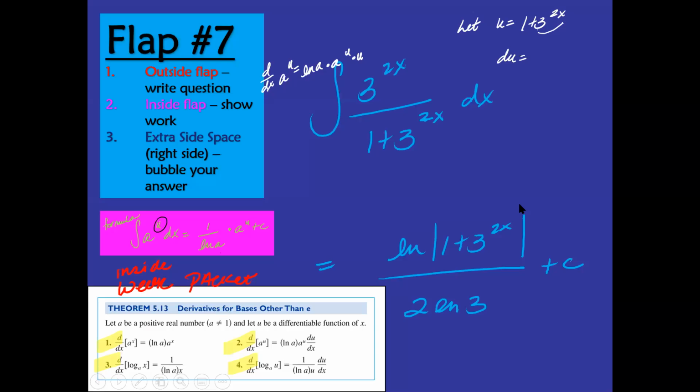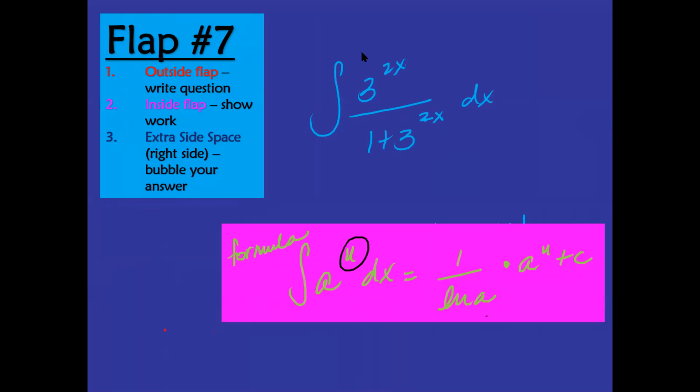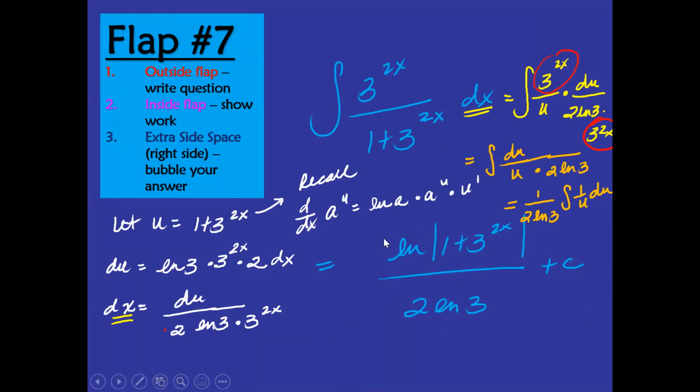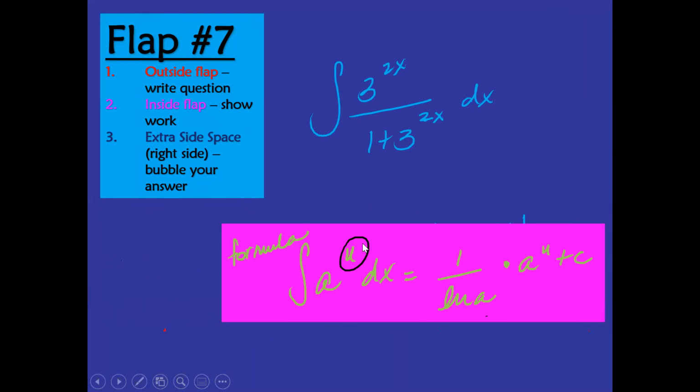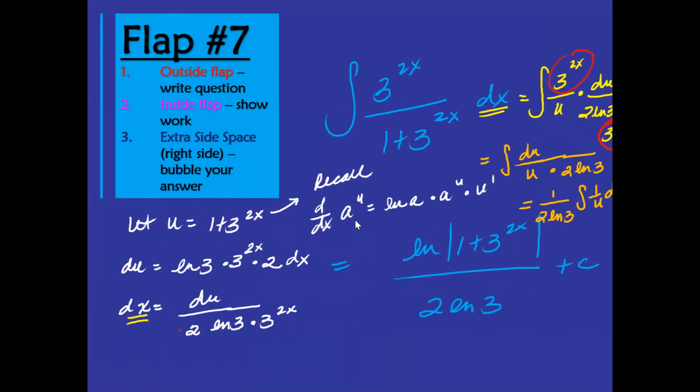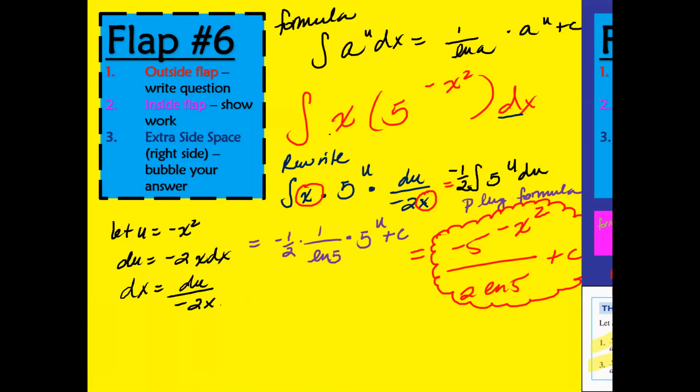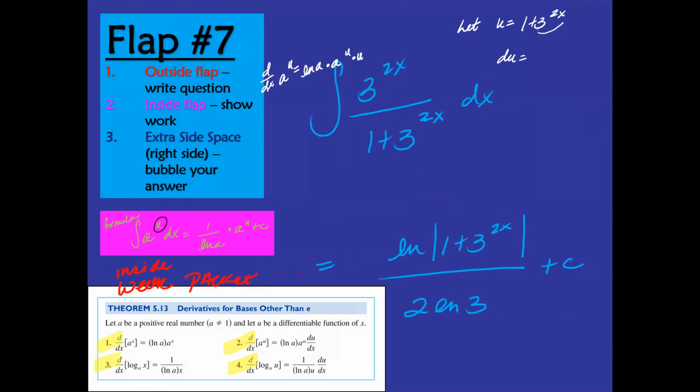So looking at this, your a is going to be 3, your u is going to be 2x, and your u prime is going to be 2.